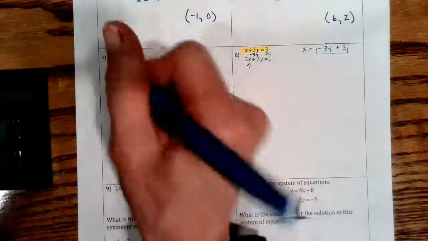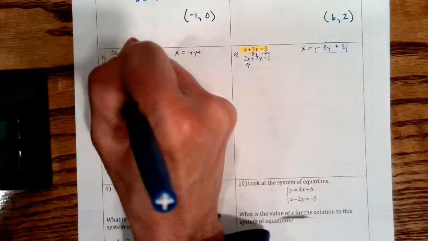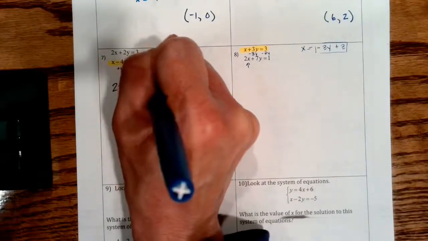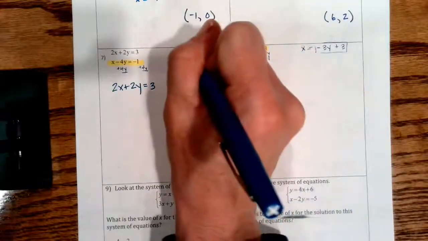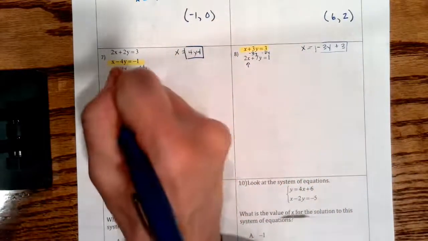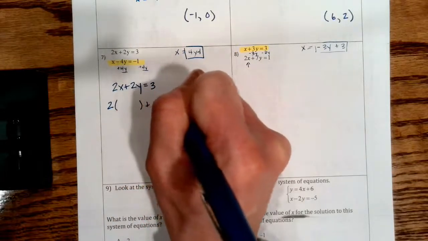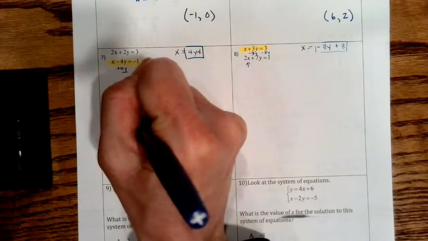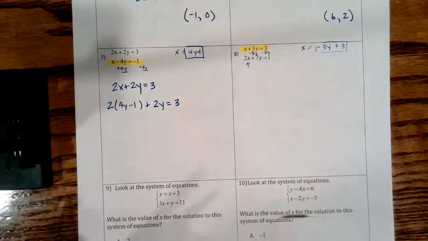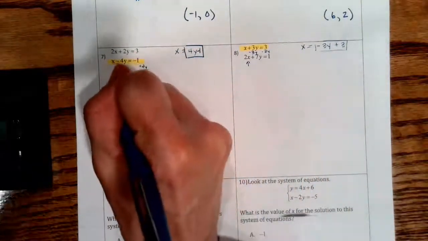All right, I have 2x plus 2y is equal to 3. I'm going to substitute this in for x. So I'll create a pocket, substitute. Now this one I need to do some more math because I need to distribute.